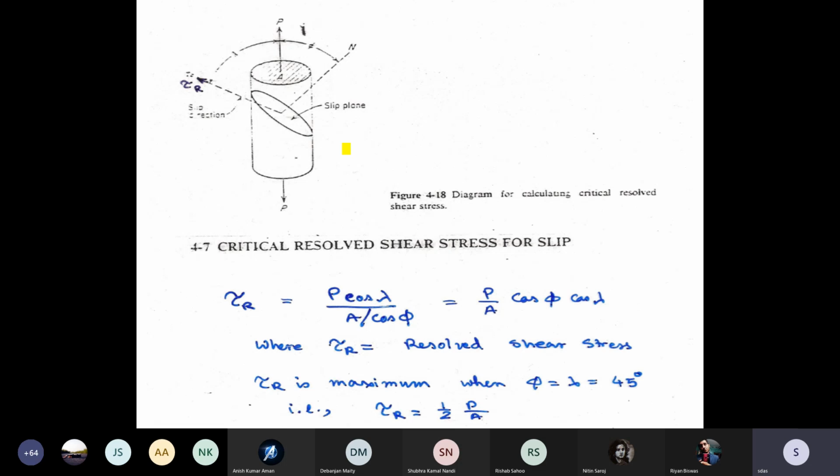When the resolved shear stress on the slip plane in the slip direction reaches a critical value, then and only then dislocation motion will start. This minimum value is called critical resolved shear stress. And tau r is maximum when these two angles are equal to 45 degrees. Any question?